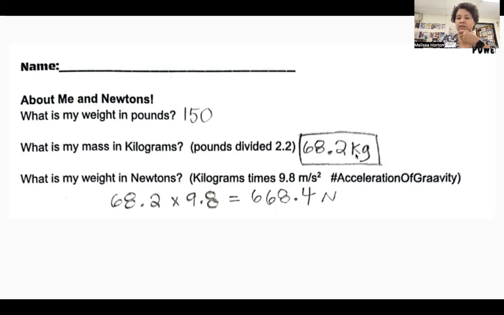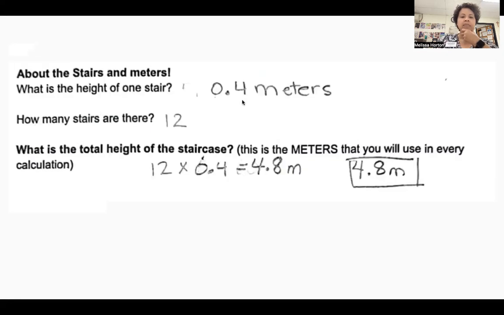The kilograms right here is what you're going to use for the rest of the calculations. And then when we were outside, we said that the stairs were about 0.4 meters. We want to make sure that you have that 0.4, because that's going to be important for your calculations. And there were 12 stairs. So 12 stairs times 0.4, 4.8 meters.